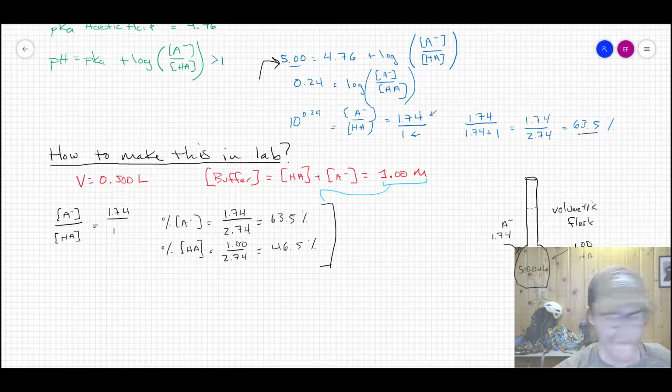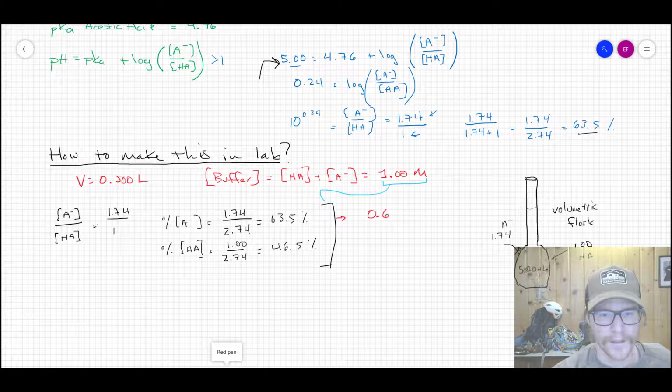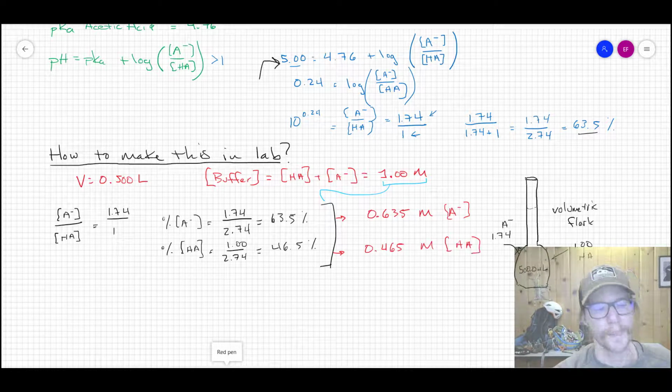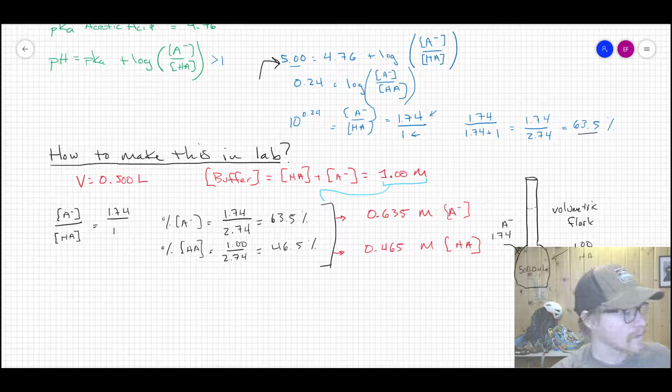So what that really means is we would have 0.635 molar as our A minus concentration at equilibrium, and we would have 0.365 molar HA at equilibrium. Okay, so there's something important about this. I should finish my thought really quick.